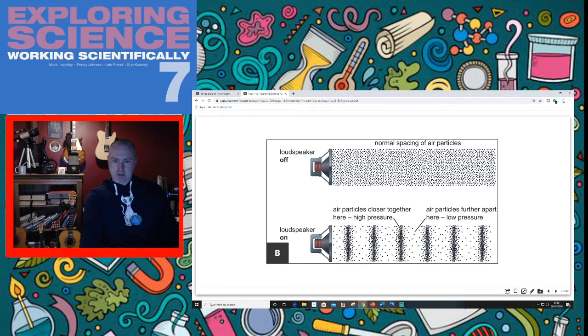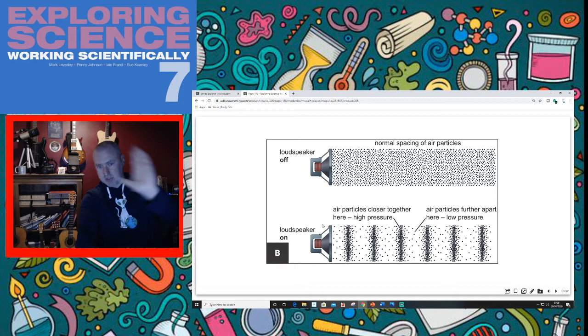And what we cause is this here that I'm circling with the mouse. We cause an area where these particles of gas are squashed. It's an area of high pressure, if you want to call it that. And actually, longitudinal waves are often called pressure waves because of this, because they create these areas of high pressure.